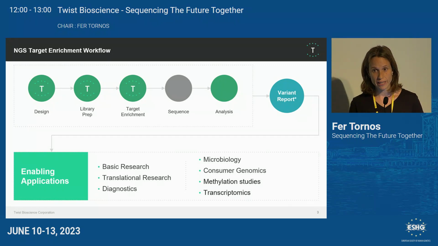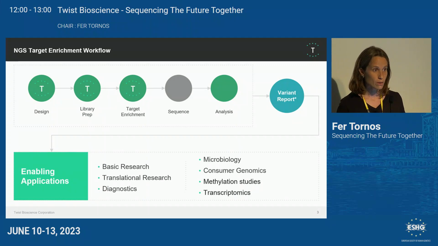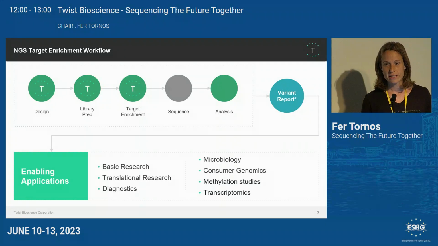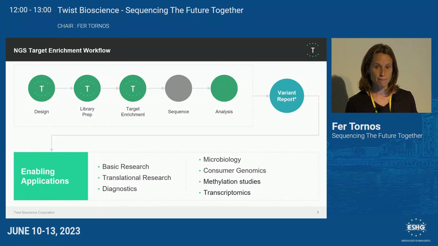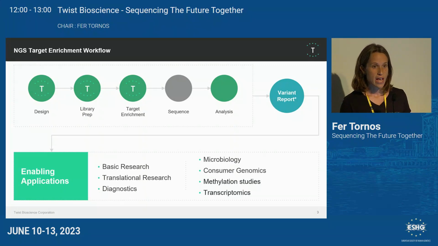Nowadays, we have fixed panels, and then we also work with leading institutions to develop alliance panels, but we reckon that sometimes this does not meet the needs of our customers. So in those cases, we develop together with you custom panels more suited to the specific targets that you are looking for and to the specific goals of your experiments. This has enabled us to help in many different applications, like, for instance, basic research, diagnostics, and more recently, epigenomics and transcriptomics.